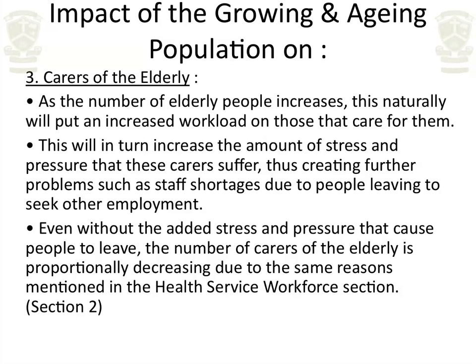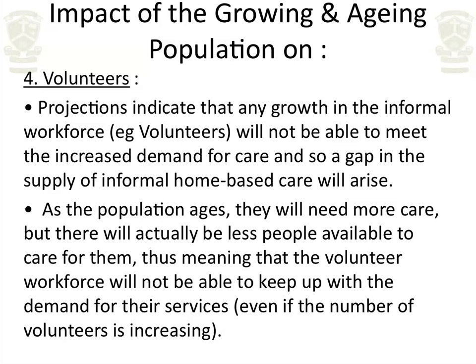The last area that we assess the impact of the growing and ageing population on is that of the volunteers. Now it's been projected that volunteers will not be able to meet the increased demand for care, and so there's going to be a gap in the supply of volunteer care as well.